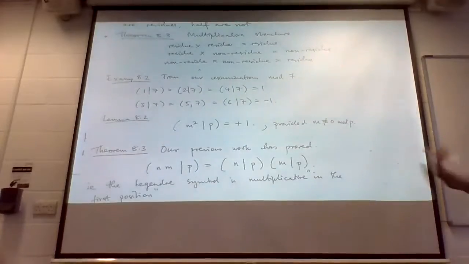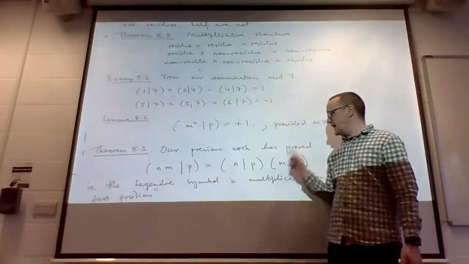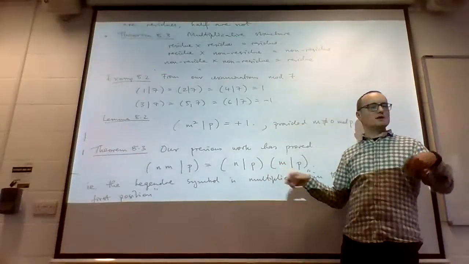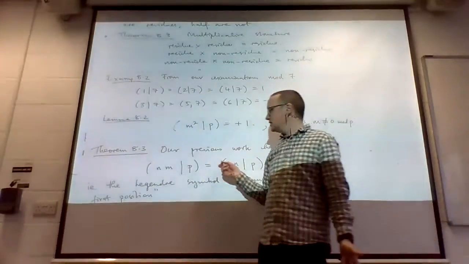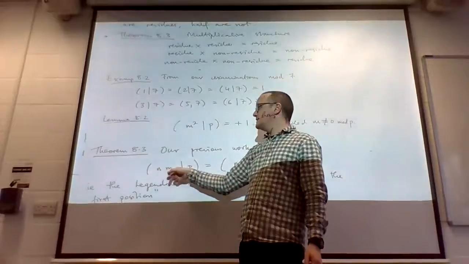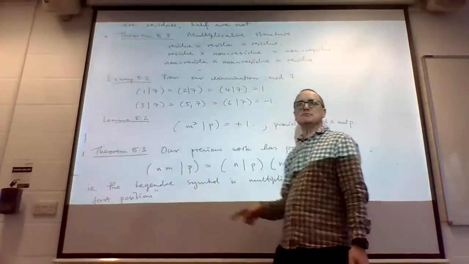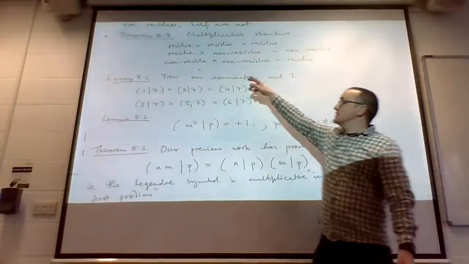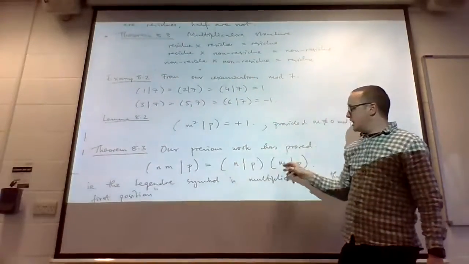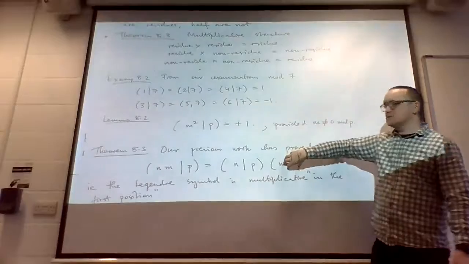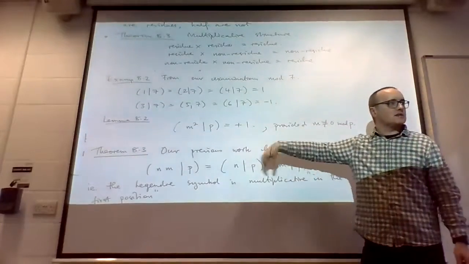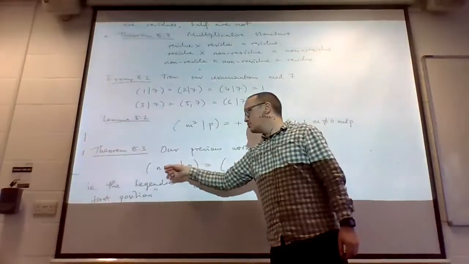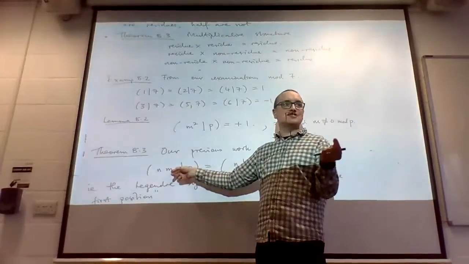Because when you multiply two residues, you get a residue. So if n and m are residues, both Legendre symbols are plus 1, so when you multiply them, you get plus 1. That agrees with the fact that n times m is a residue. If n and m are both non-residues, both Legendre symbols are minus 1, so when you multiply them together, you get plus 1, which agrees with the fact that the product n times m is a residue.